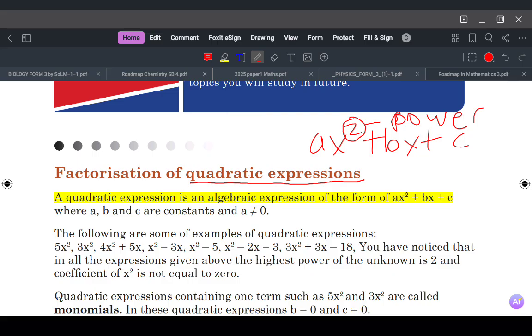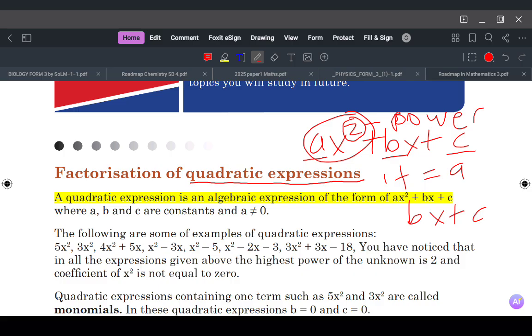So for this to qualify as a quadratic expression, the constants a, b, and c should not be equal to 0, because there's danger there. If a is equal to 0, remember that any number multiplied by 0 is equal to 0. So if a is 0, then this will collapse to 0, so that in the end you shall have bx plus c only.